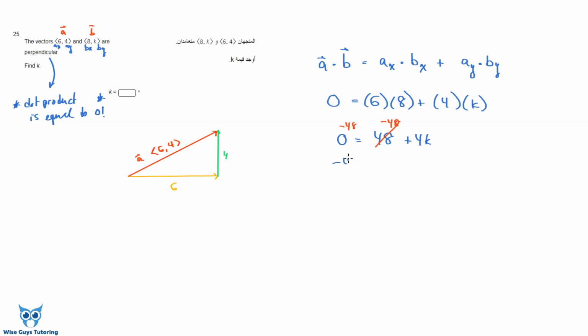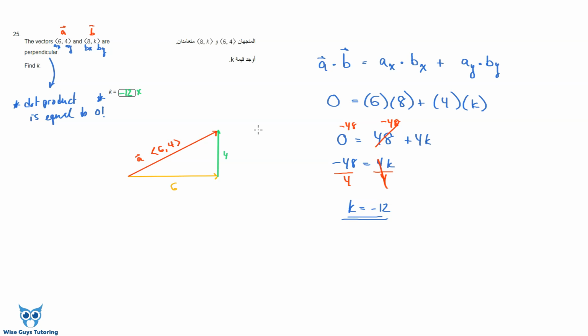So now I have negative 48 equals 4 times K. I will divide both sides by 4, and I'll end up with K is equal to negative 12. And that'll be the answer. I have no idea why they put degrees. There is no degrees here. It's just minus 12.